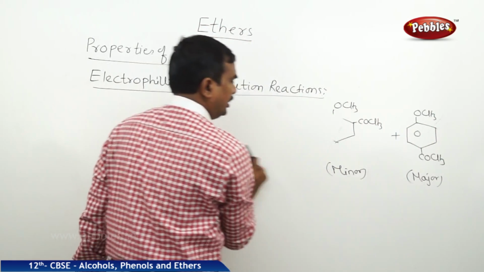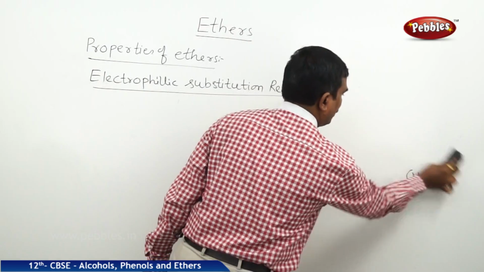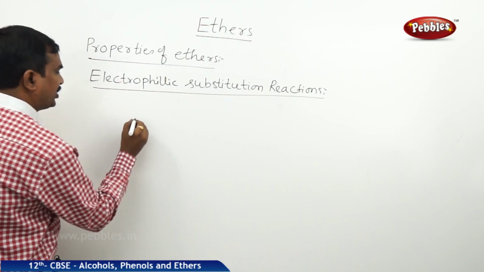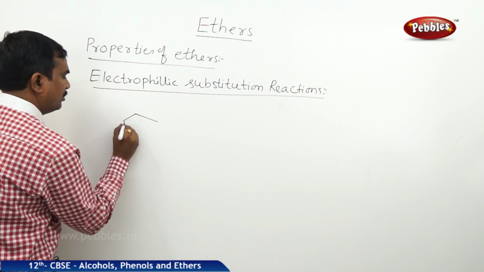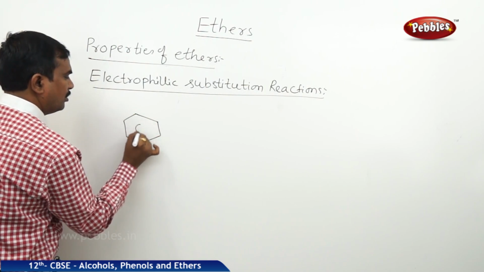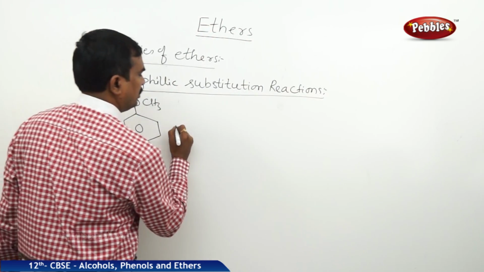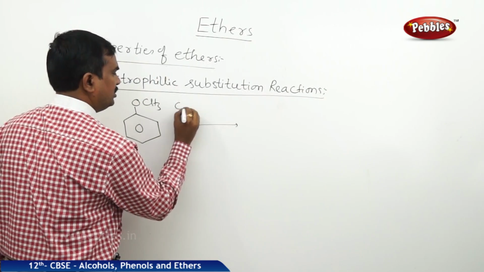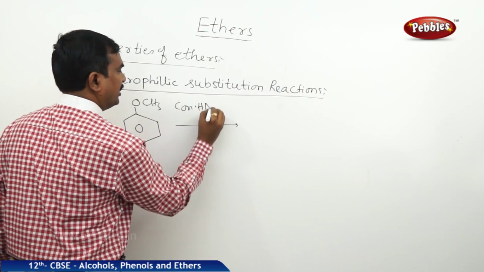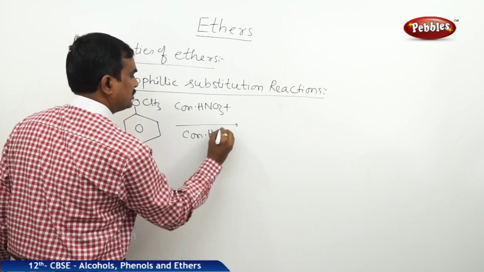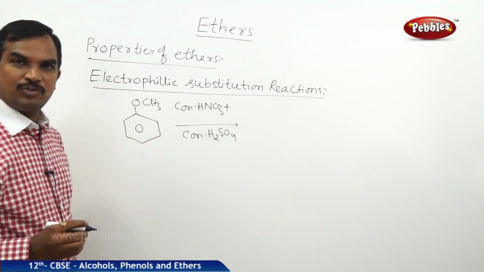And also these can undergo the nitration. If you take the nitration reaction, this is anisole, take the nitration mixture, which is concentrated HNO3 and concentrated sulfuric acid H2SO4.